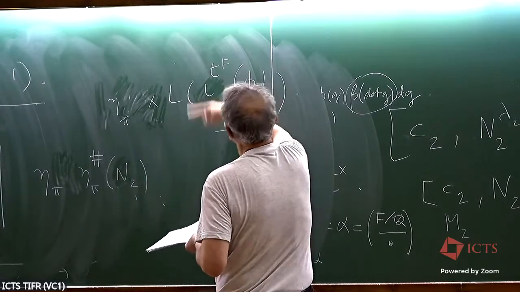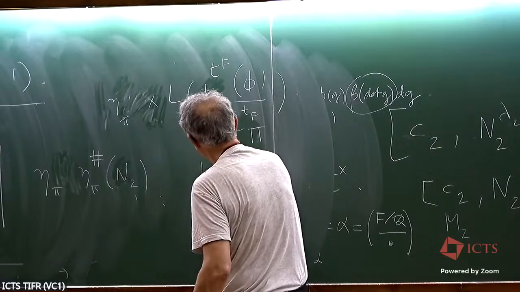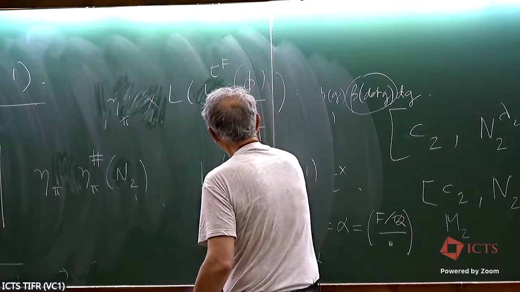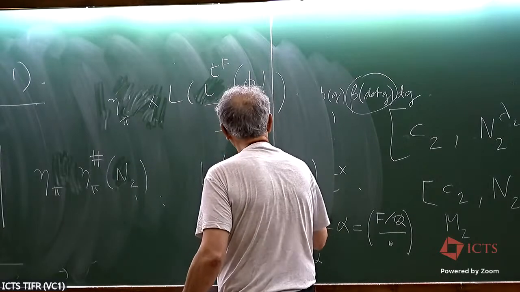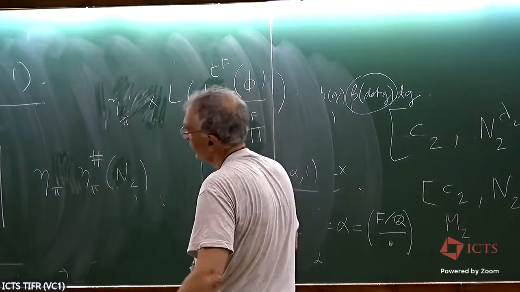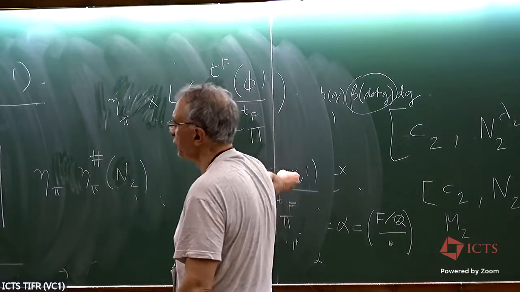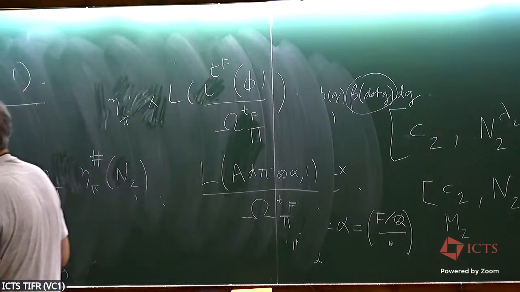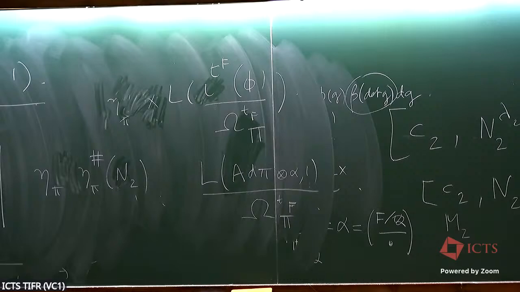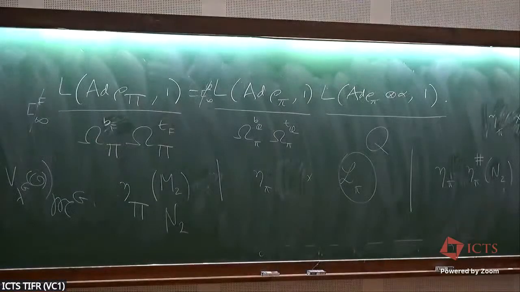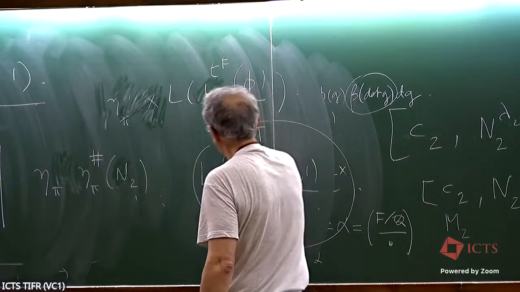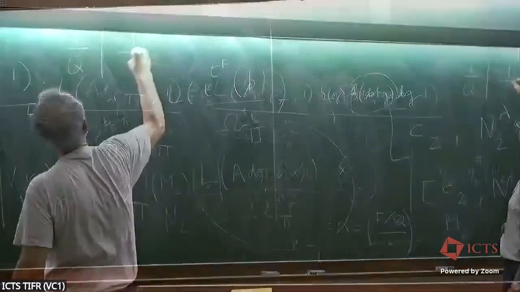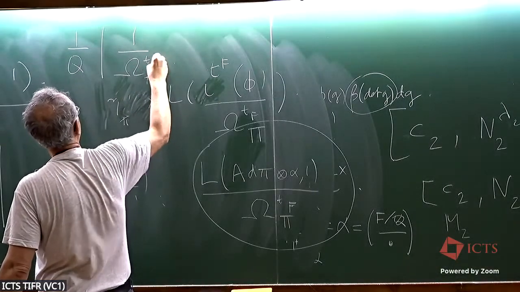Now this, when you compute, is the adjoint L tensor alpha divided by this period. And so you are done. You get the divisibility that this quantity divides this quantity. In other words, 1 divided by Q divides 1 divided by omega pi top.